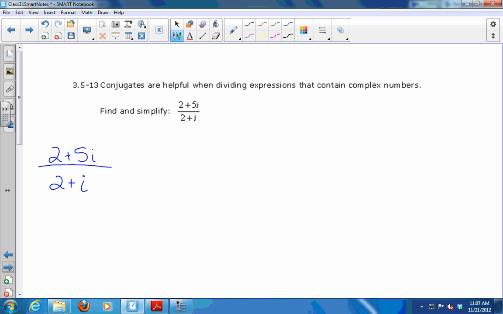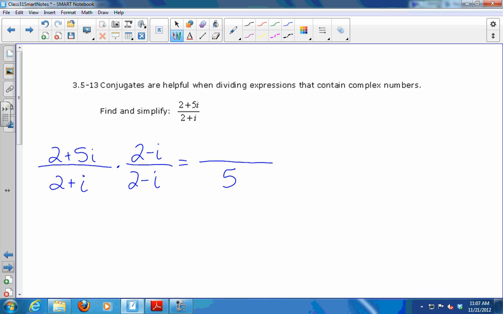So I'm going to use the conjugate to at least transform that denominator into a real number. So if I multiply the top and bottom of this fraction by 2 minus i, the denominator is going to end up as 4 plus 1, a squared plus b squared, which is 5. Just using the shortcut that we just developed.